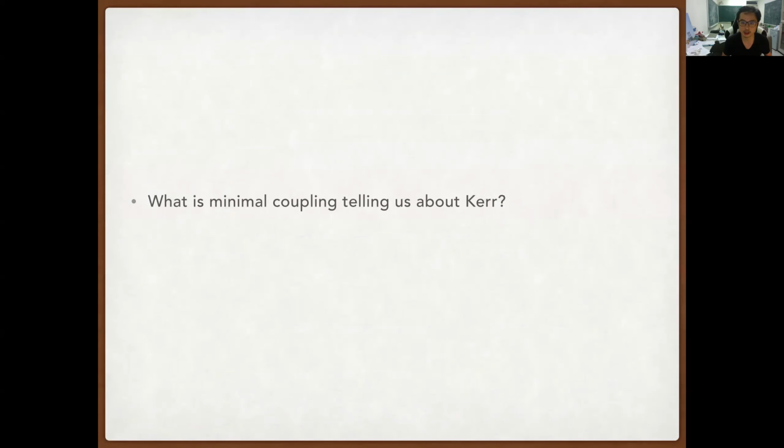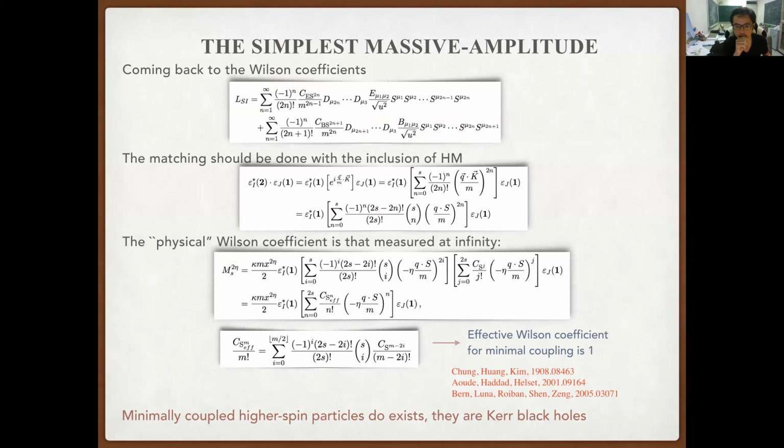C effective is given by a linear combination of the original Wilson coefficients that we were matching to. And when you put these together, you find that from the C effective point of view, minimal coupling gives Wilson coefficient 1 precisely. In other words, the minimally coupled higher spin particles do exist, and they are Kerr black holes.